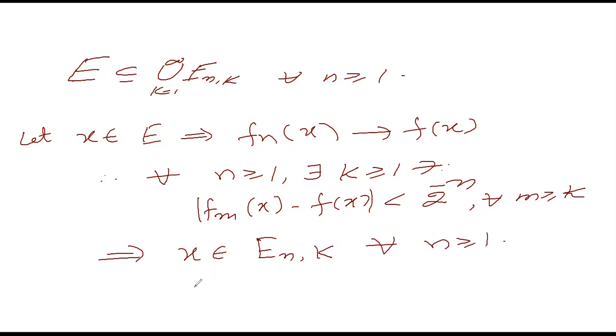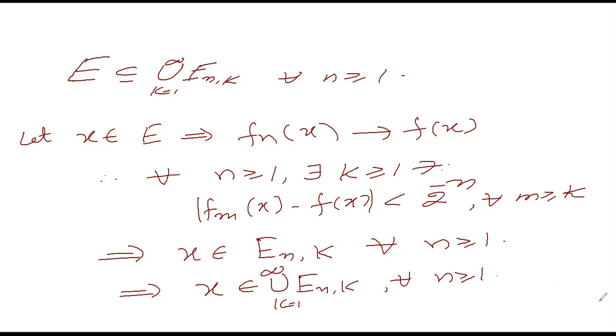X belongs to E_{n,k}, and this is true for all n greater or equal to 1. So x belongs to E_{n,k} for some k and for each n. So that means x belongs to the union over k, E_{n,k}, k runs from 1 to infinity, for all n greater or equal to 1. So thus whenever x is in E, it is in the union.